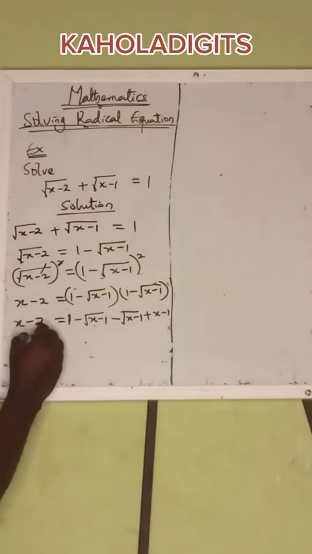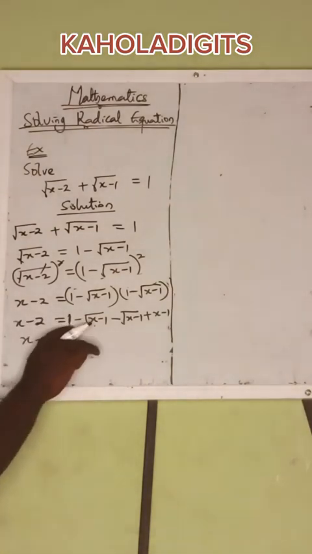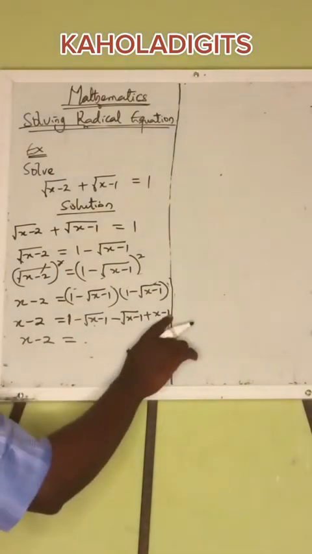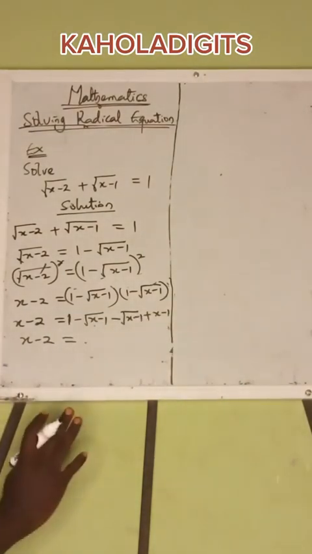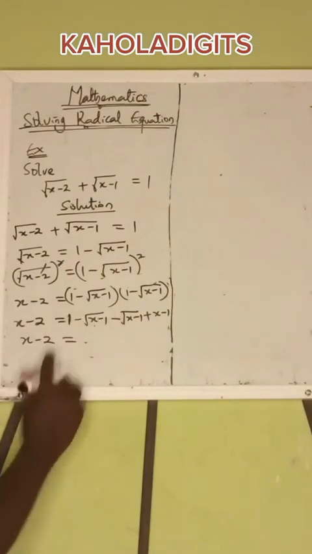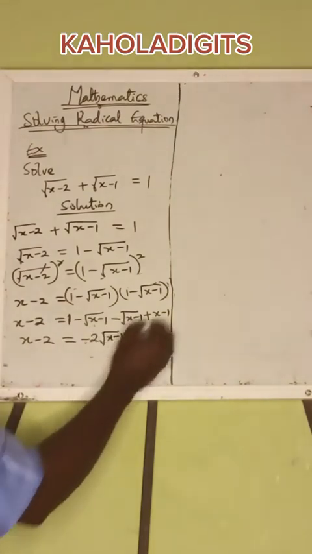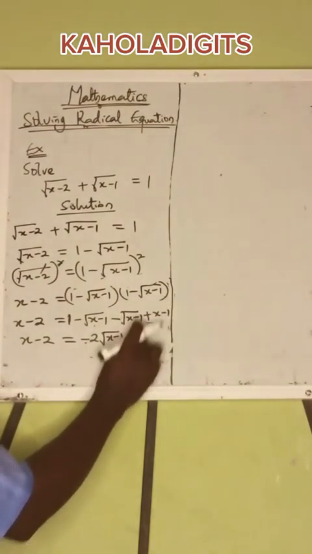Now, the next thing to do, we're going to have x minus 2 equal to, this is plus 1, while this one is minus 1. So plus 1 minus 1 will give us 0. Then minus root of x minus 1 minus root of x minus 1 will give us minus 2 root of x minus 1. Then plus x.